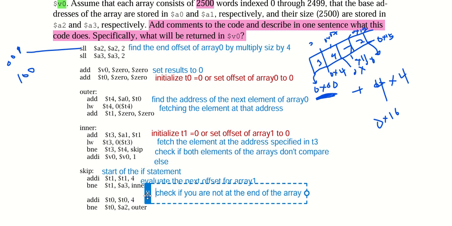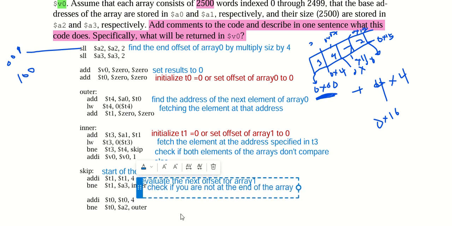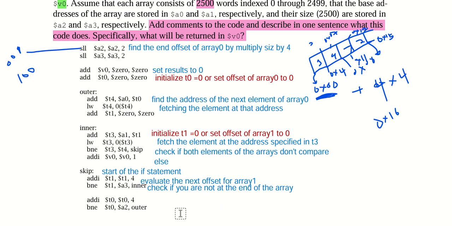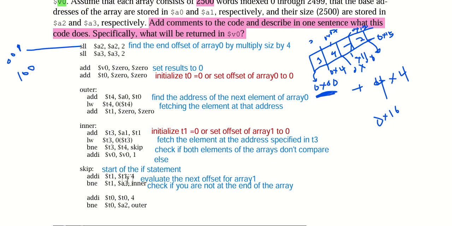So that's for the one just below it. And now if you are not at the end of the array, then you go back to fetch and compare again.